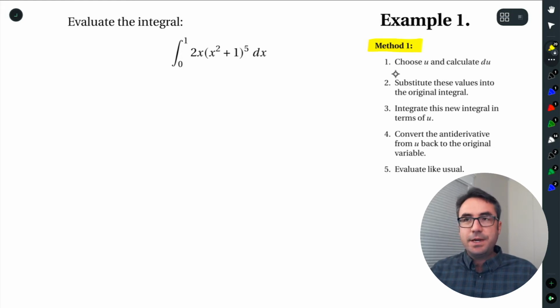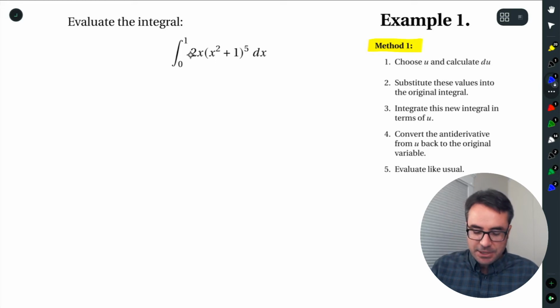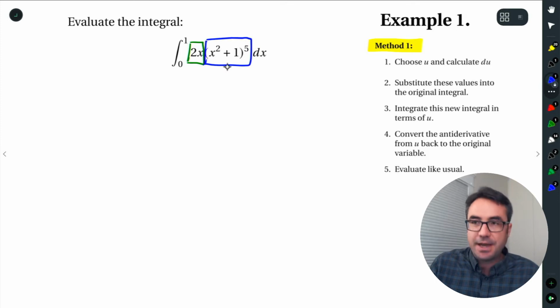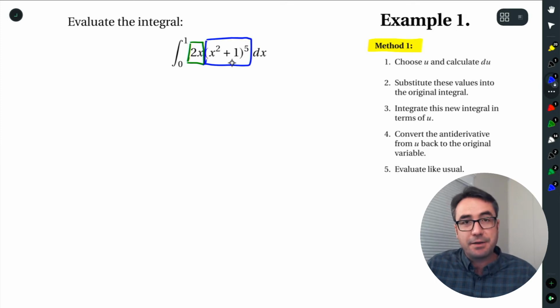So first step, we need to choose u and then calculate du. There are a few ways to go about this. How do we pick u? We can identify the more complicated piece here. There are two pieces of our function: the 2x right here, and then the more complicated piece, x squared plus 1 raised to the power 5.